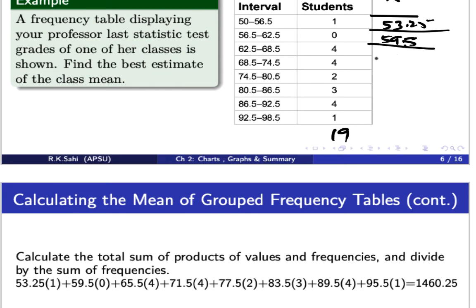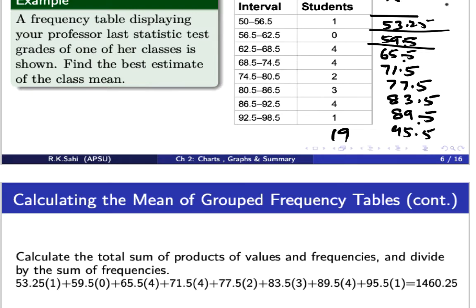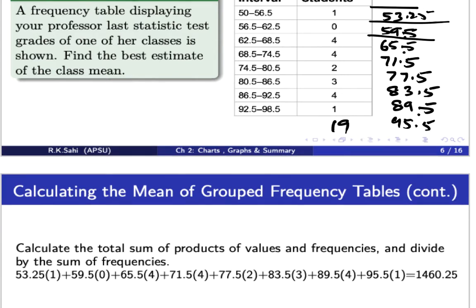59.5, this is 65.5, then 71.5, 77.5, 83.5, 89.5, and 95.5. Okay, this will be my first column, remember.